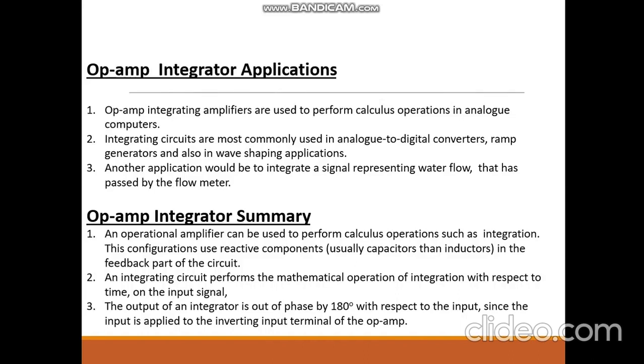So an integrating circuit performs the mathematical operation of integration with respect to time on the input signal. The third important point is the output of an integrator is out of phase by 180 degrees with respect to the input, since the input is applied to the inverting input terminal of the op-amp.